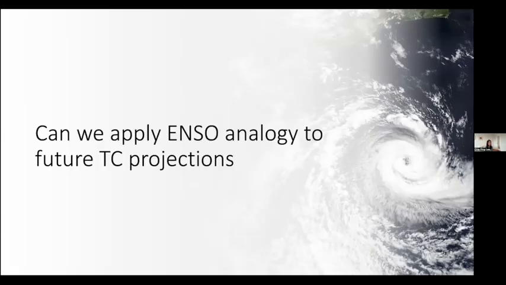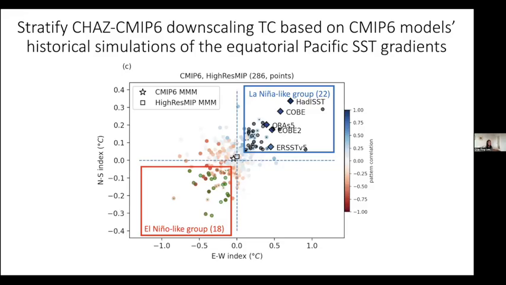Now, the next question we try to answer is, can we apply ENSO analogy to the future tropical cyclone projection? Long story short, I'm going to use CHESS downscaled by those models. I show you the scatter plots. Each dot is a model. All the models from the two groups, and we just look at the differences, to see if the difference is similar to the ENSO anomalies from those models.